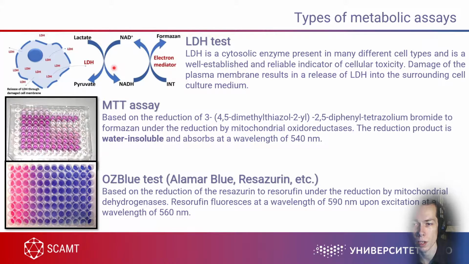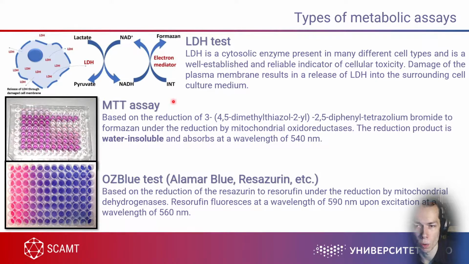MTT is a compound with bromide in its composition, and under the action of mitochondrial oxidoreductases, MTT can be converted to formazan. Formazan has a violet color and can be dissolved in DMSO, and after dissolution you can check optical density on a spectrophotometer and say something about cell viability.